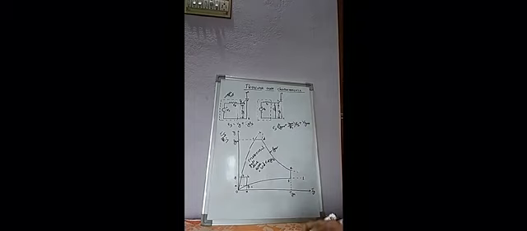What is this equation? IGMN and VGMN, the MN represents the minimum value of IG and VG, gate current and gate voltage.